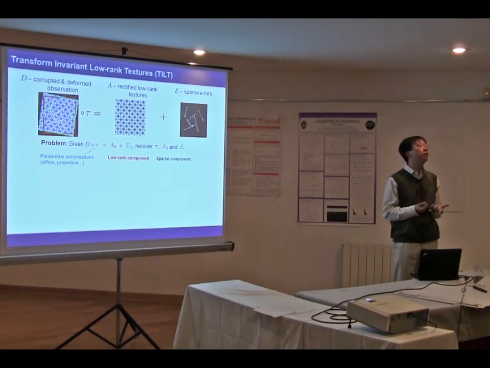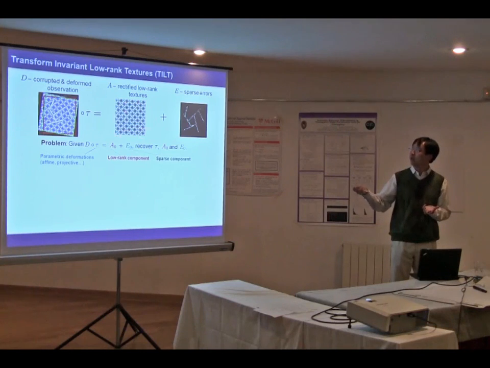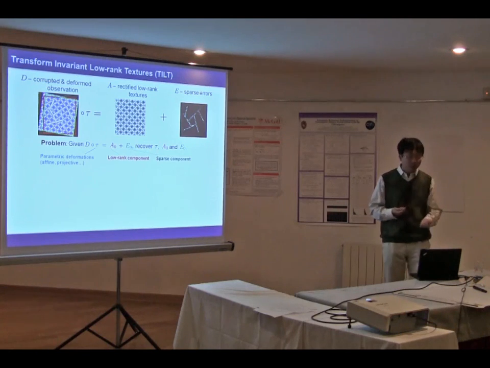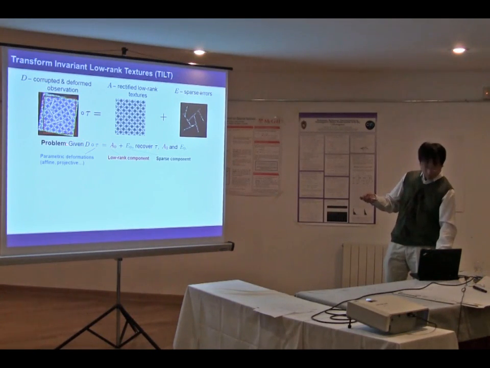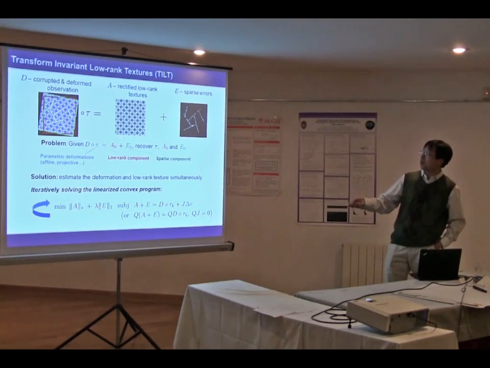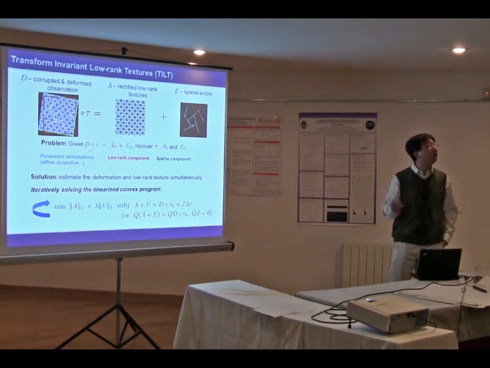Imagine you just try to compress the data as much as you can. The low-rank and sparse are both highly compressible. So what you do is look for a deformation such that you can compress the data better and better. And of course, this becomes a nonlinear problem, right? If you minimize the low-rank plus sparse subject to this constraint, it's still a nonlinear problem. It's not a convex optimization.